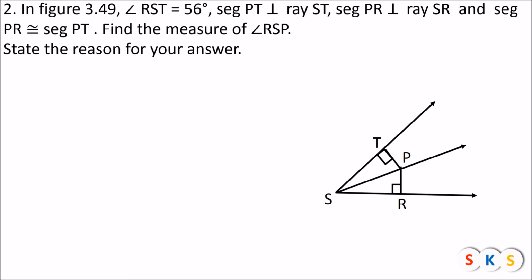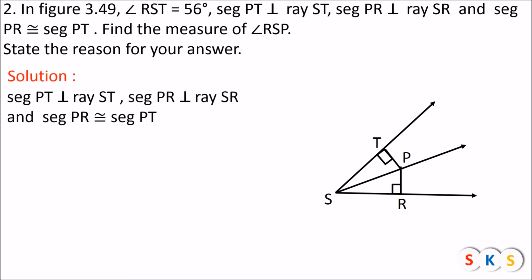What is given here? Seg PT perpendicular to ray ST, seg PR perpendicular to ray SR, and seg PR congruent to seg PT. You can see in this figure, seg PT and seg PR are equal.